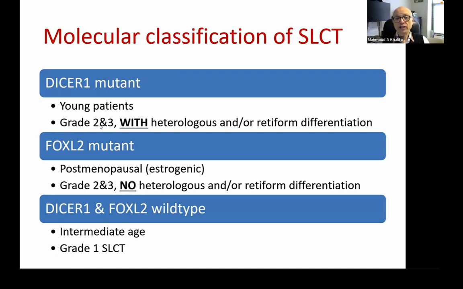It was grade 3, as you could see. It was poorly differentiated, and it has a heterologous component. So the problem here is that once you make that diagnosis of grade 3 Sertoli-Leydig tumor with heterologous component, the oncologist should think of DICER1 mutation.